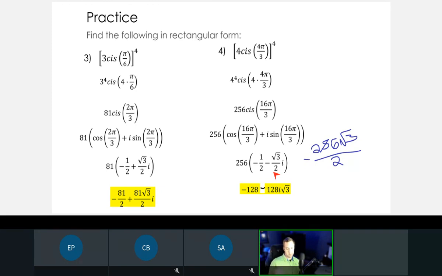Okay, then apparently it doesn't know what's going on. So hopefully you know what's going on and you can fix that by just leaving out the rad 3 until you simplify 256 over 2. Okay. Thank you. Sad though.